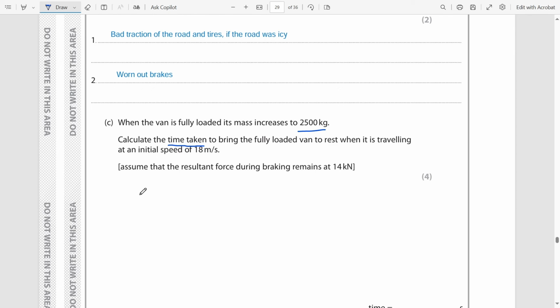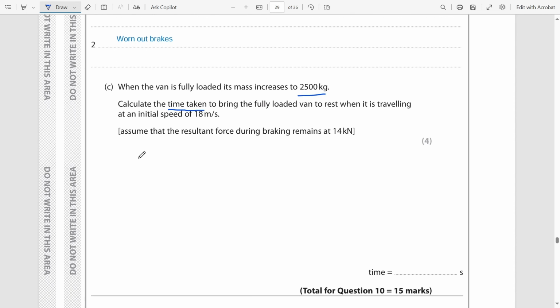We're gonna do F equals ma to find the acceleration. So we have our F is 14,000, again, it's still the same, and that's going to be over 2,500. That's going to equal our acceleration, 14,000 over 2,500.